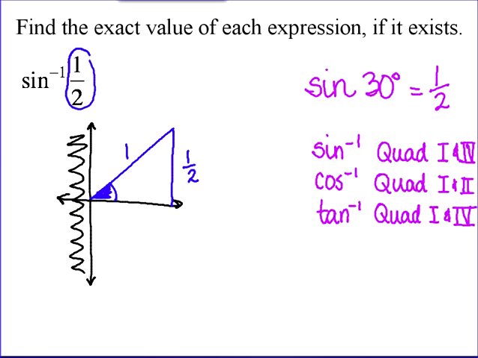So what angle is opposite a side of 1/2? What is our special angle that is opposite a side of 1/2? 30, yep. Now, we can't answer in terms of degrees. I need to answer in terms of radians. So what does 30 convert to? Pi over what?